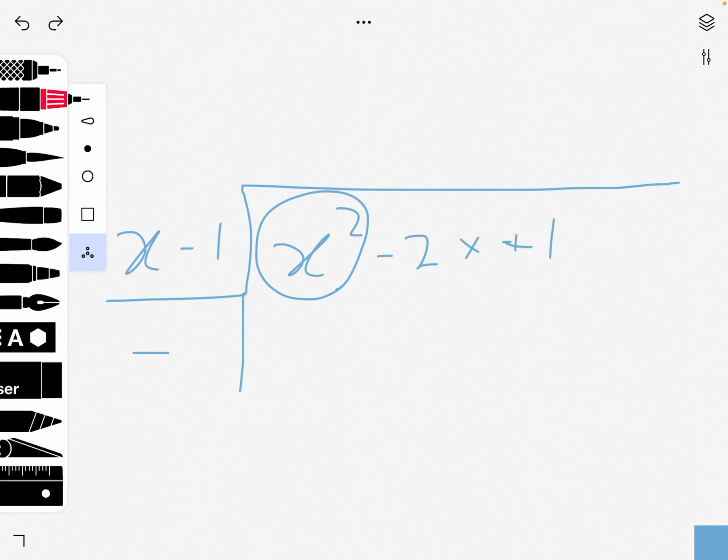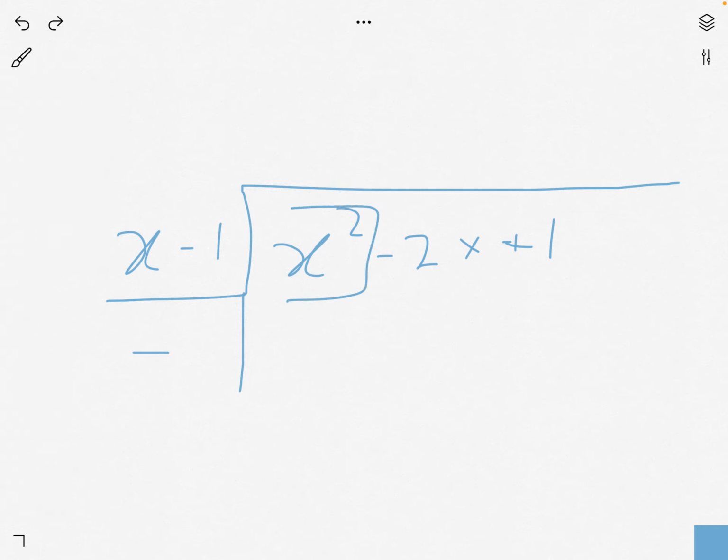Here's how it works. First thing I'm going to do is divide x squared by x. The term at the extreme left of the dividend and the term at the extreme left of the divisor, I'm going to divide them.